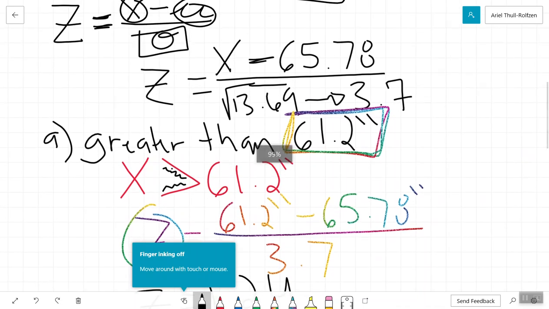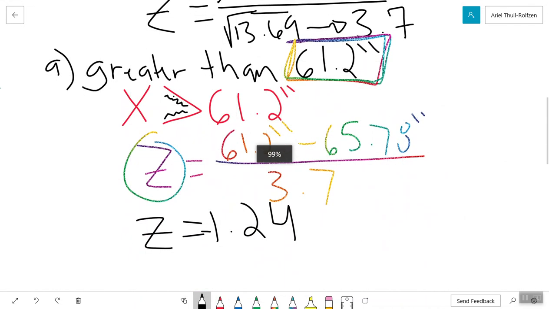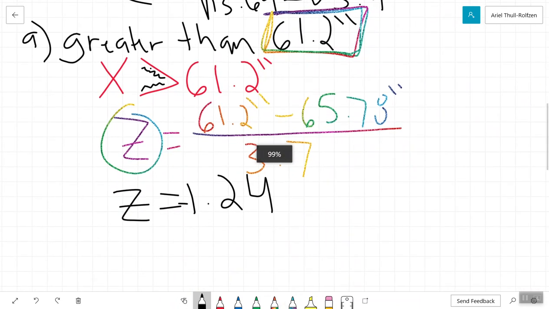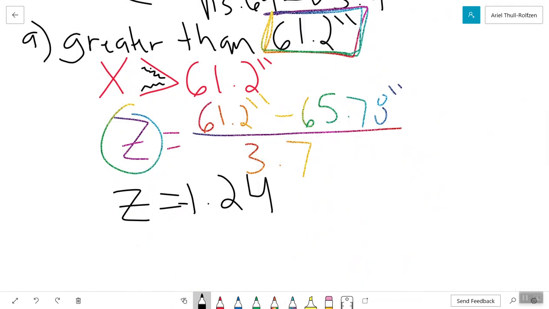There's another rule that I'm going to talk to you guys about, but we are going to find negative 1.24 on the z table. And that, like I said earlier, is going to be on page 573, I believe.